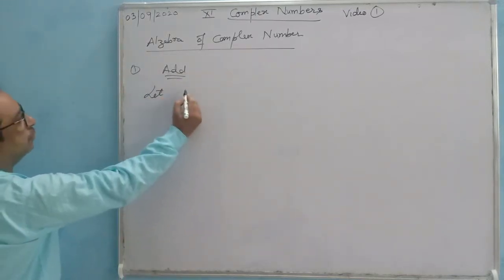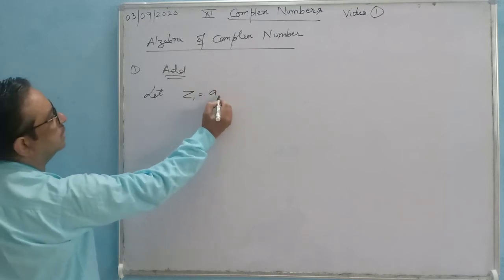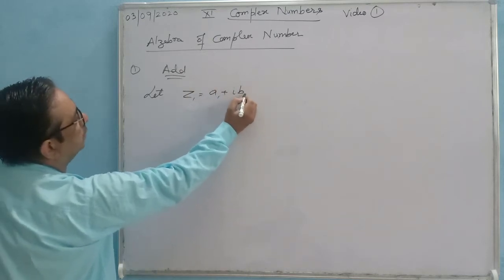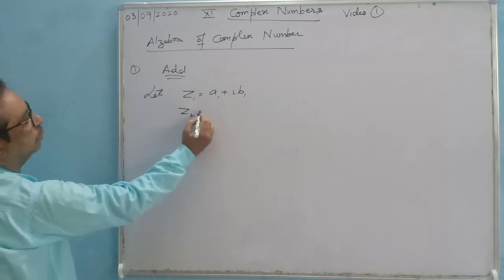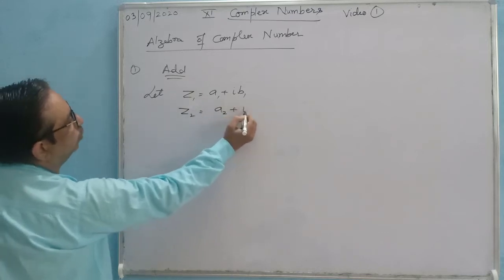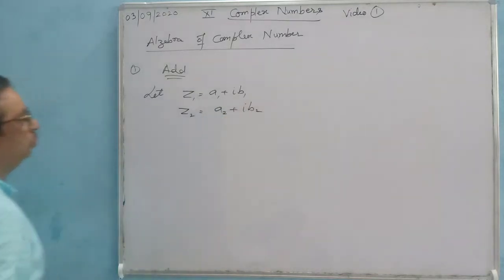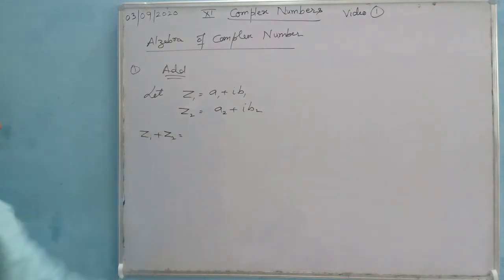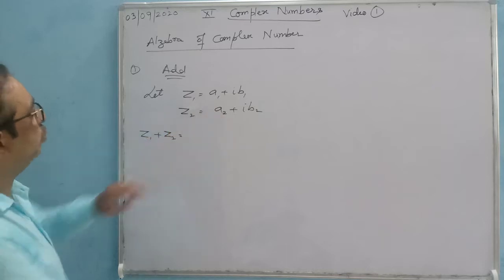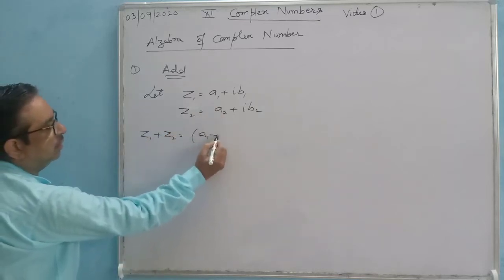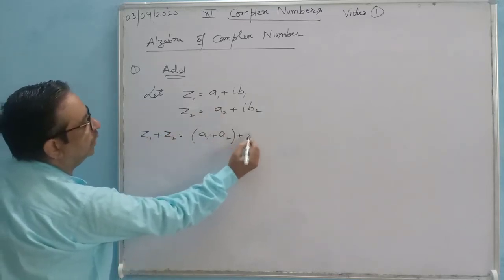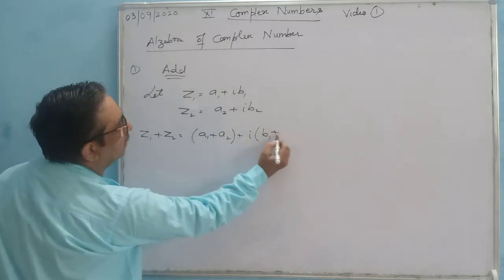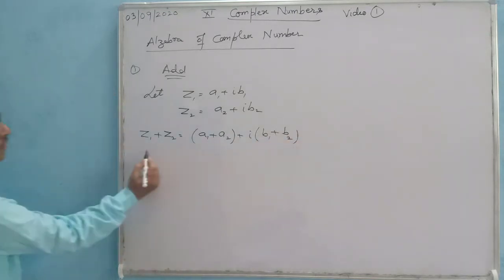Let the first complex number be a1 plus ib1. The next complex number is a2 plus ib2. If we find the sum of these two numbers, simply real is added to real, and imaginary is added to imaginary.